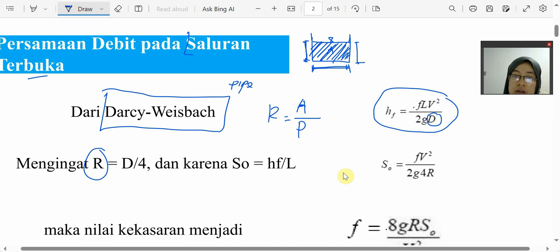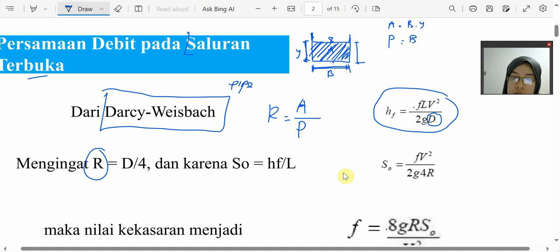We do not include the height that is not wet, so we just calculate until the surface of the water.